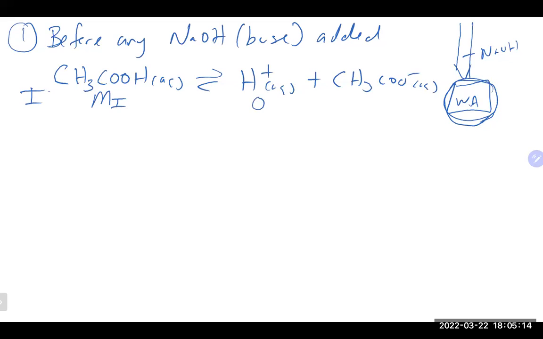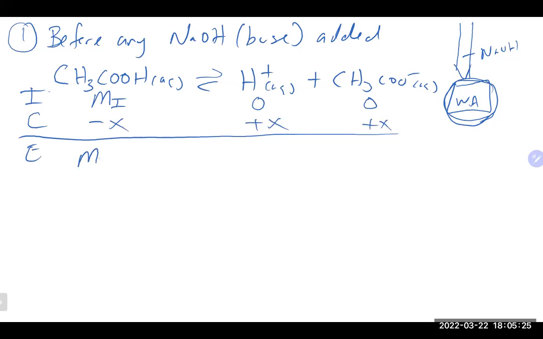The rest of the table will be like a regular Ka table. These are going to be zeros. Since we're using molarity here, we'll use x's, plus x and plus x. This is going to be your initial molarity minus x, x, and x.